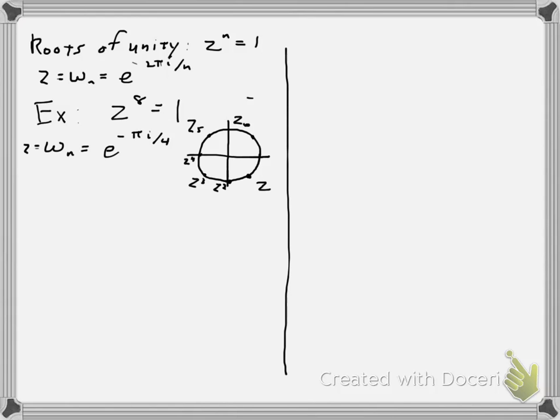And here is z to the 7th. I'm having trouble plotting dots here, but you get the point. So with z we're able to generate all of the other nth, or 8th, roots of unity.